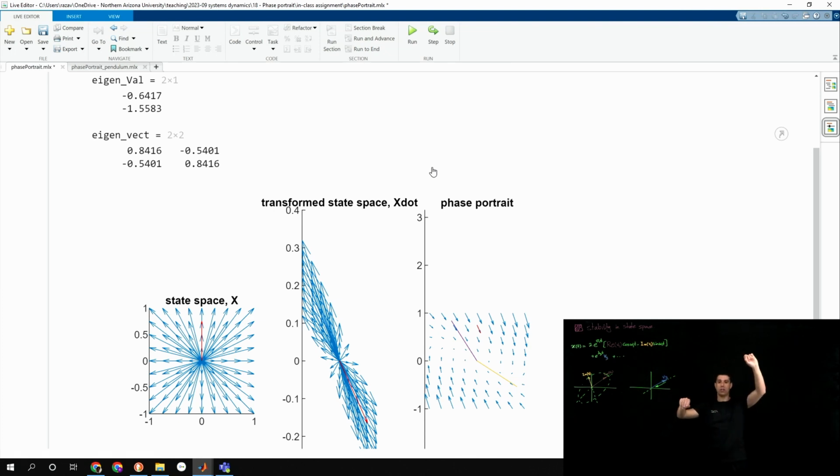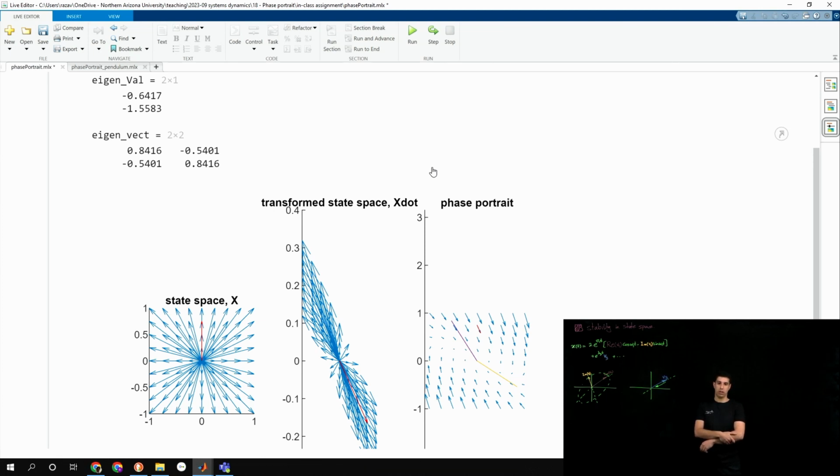And if you start somewhere else on the plane, essentially the response is a combination of these two, and depending on the values of your eigenvalues lambda, the speed by which the system converges to 0 is going to determine the behavior.